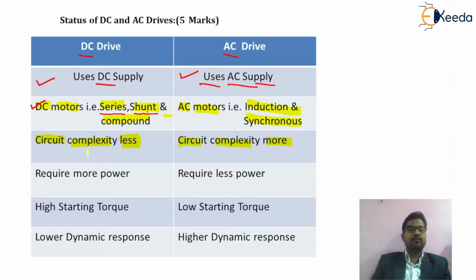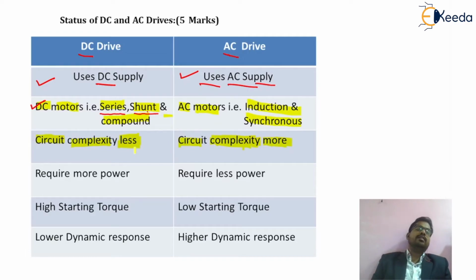Because in DC drive we are using a rectifier type of control circuit. The construction of the rectifier is simple as compared with the converter that we use in the AC drive, called the cycloconverter or the inverter. So the complexity of the AC drive is quite more.